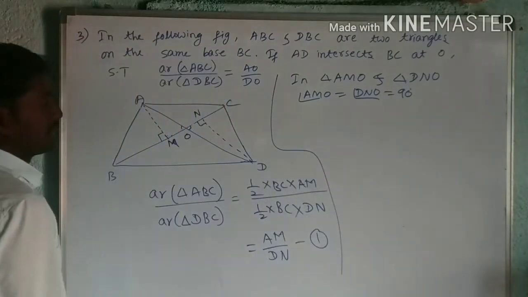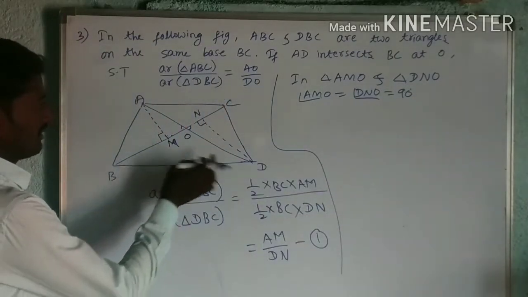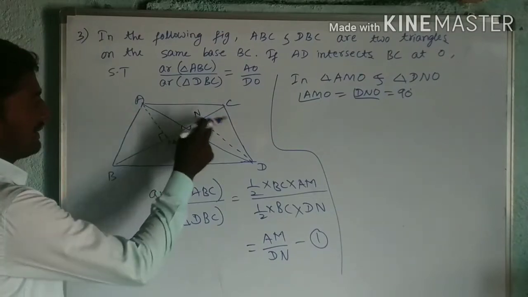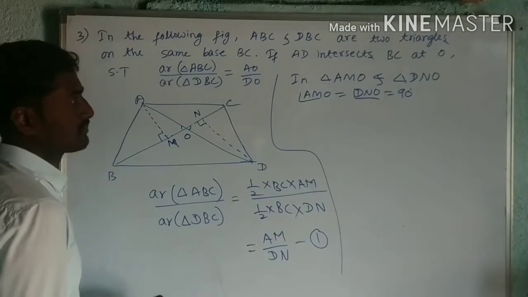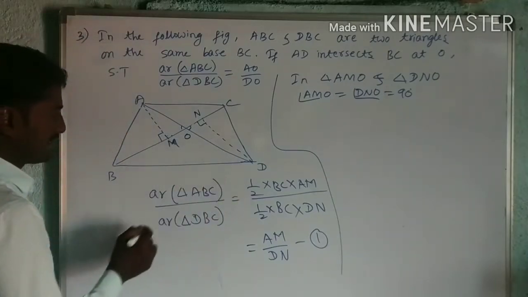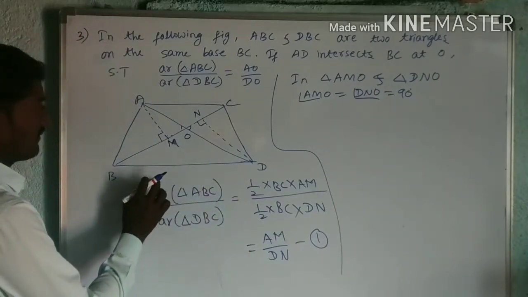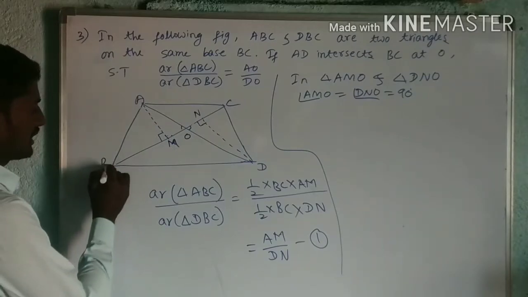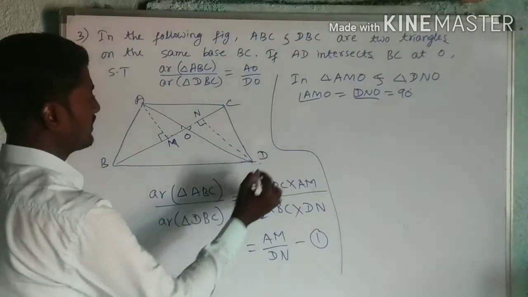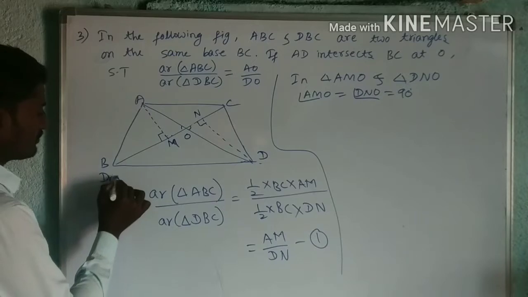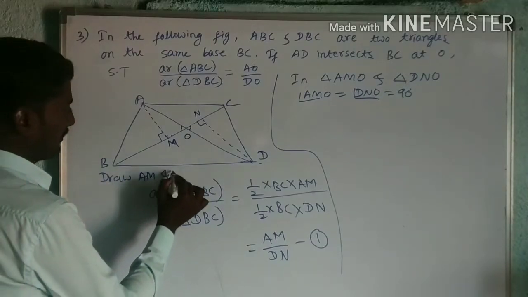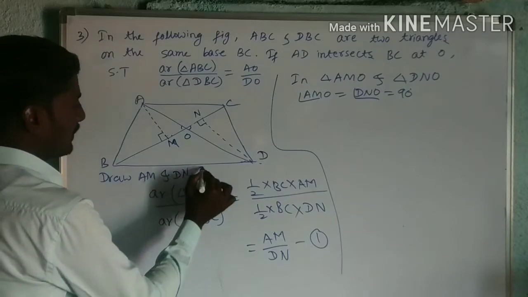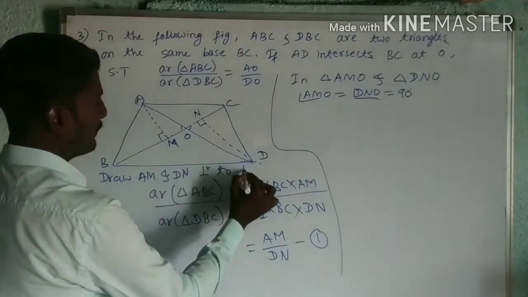Because I drew AM and DN perpendicular to BC. First I have to mention it here, so at the starting I have to write: draw AM and DN perpendicular to BC.